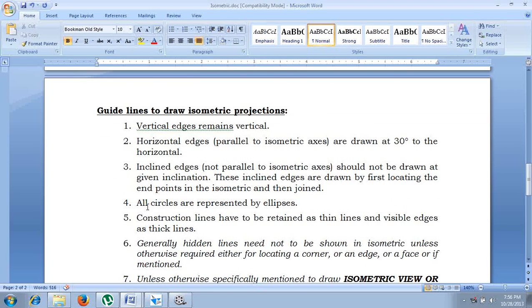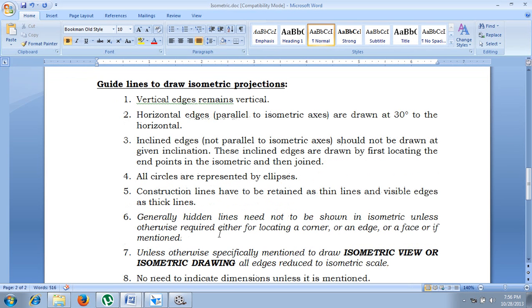Then the fourth one is all circles are represented by ellipses. The construction lines have to be retained as thin lines and visible edges as thick lines. Generally, hidden lines need not be shown in case of isometric unless otherwise required, either for locating a corner or an edge or a face, or if mentioned.